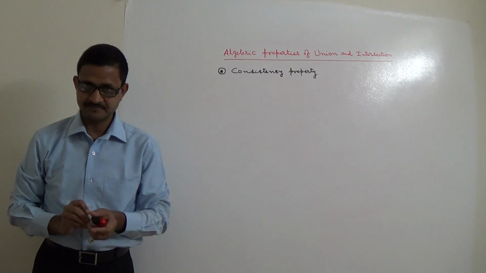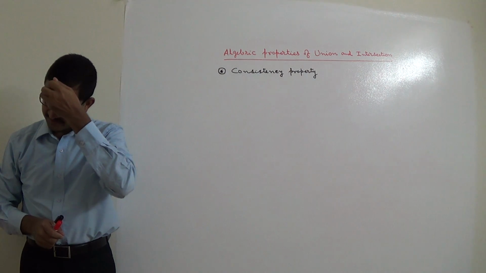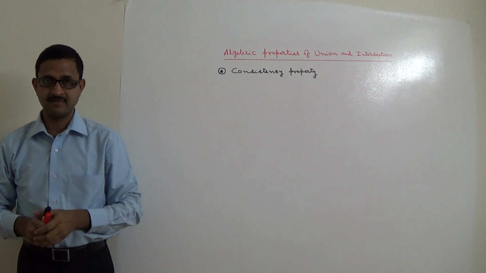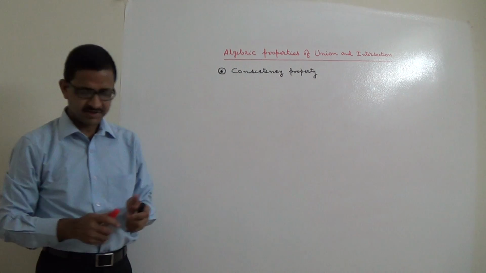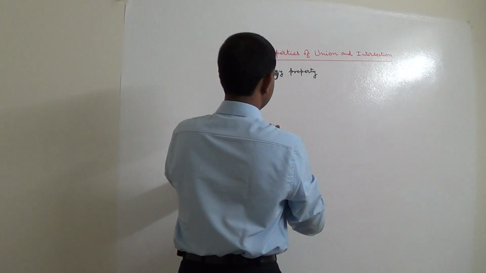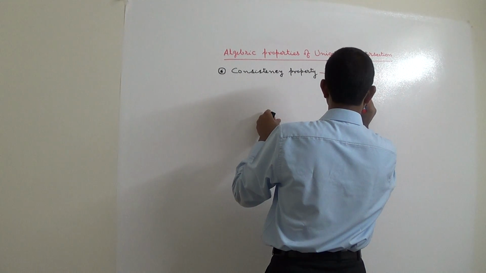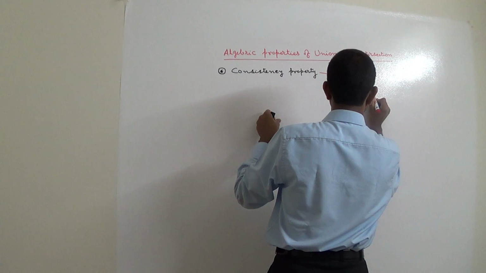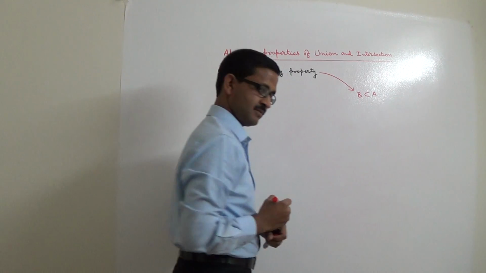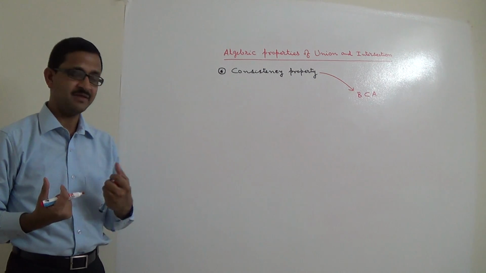What is that? Let's take two sets, A and B, such that B is a subset of A.